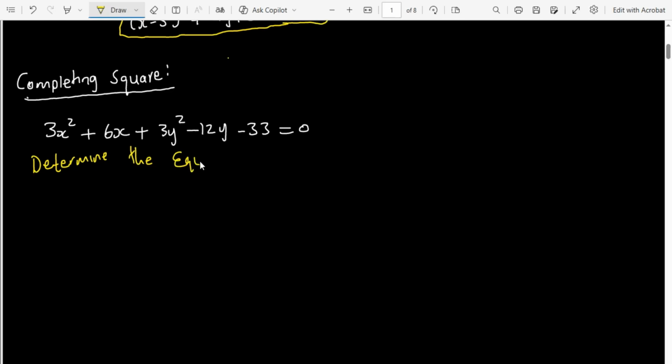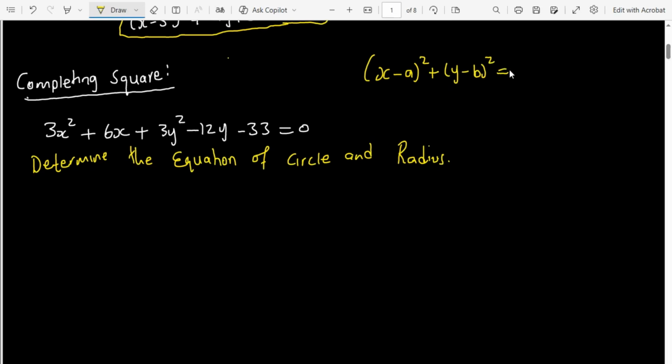So the question will say: determine the equation of the circle and the radius. Okay, first thing first, remember the equation of the circle should be in the form x minus a squared plus y minus b squared is equal to r squared.